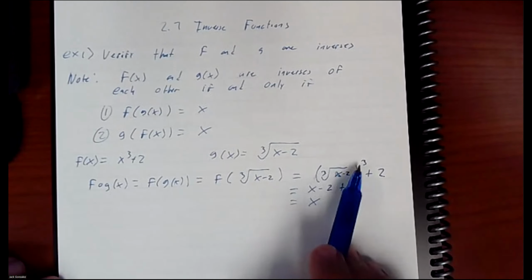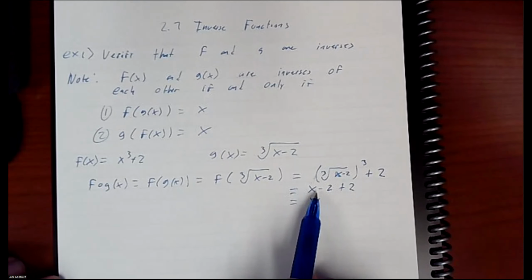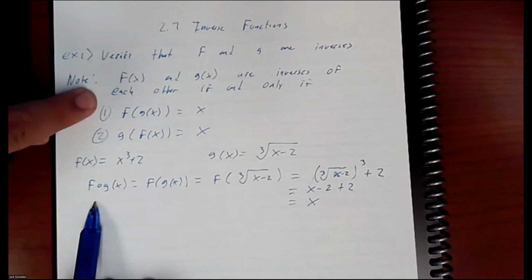So the cube root cancels with the cube, leaving me with x minus 2. Negative 2 plus 2 cancels, leaving me with an x. So far, this direction, number 1, has been met.